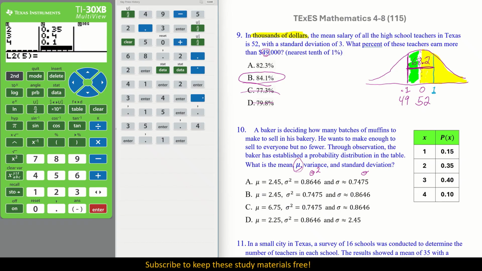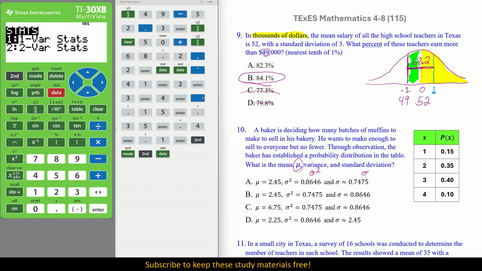Okay, now I have said before, be careful going straight to second stat because sometimes the calculator wants to put the information in the cell you have highlighted. Okay, so it is best practice to say second mode to get all the way out and then second data.